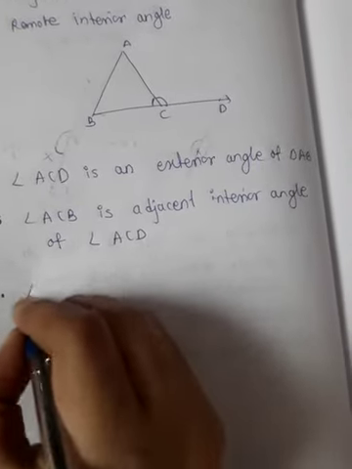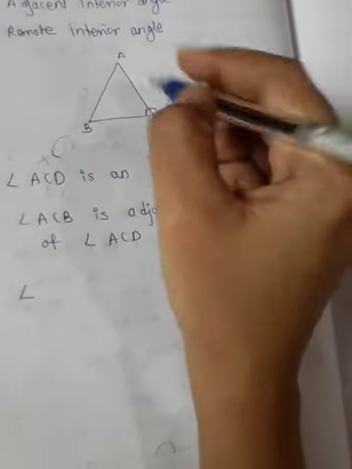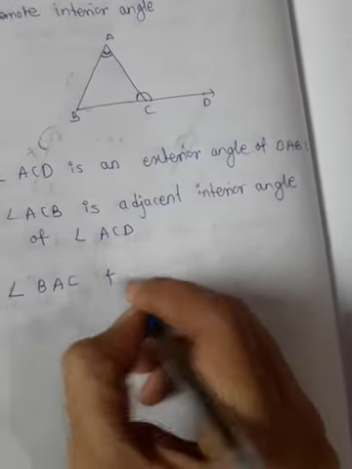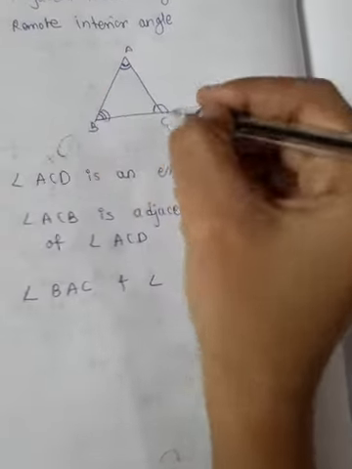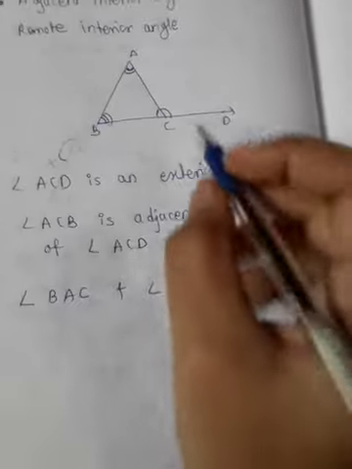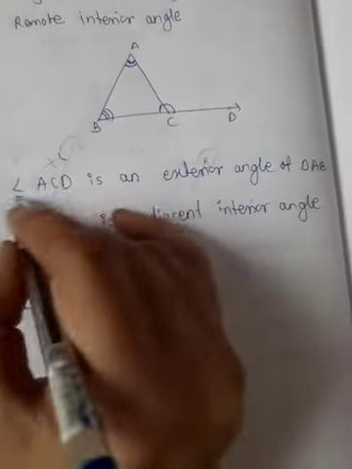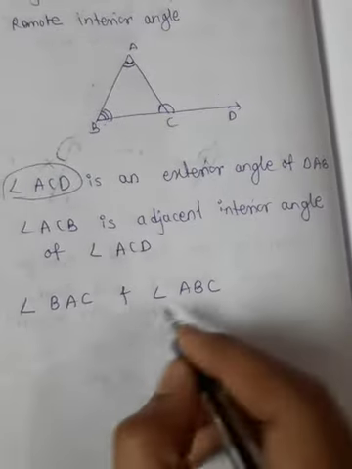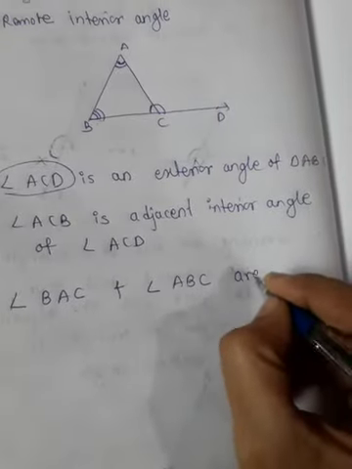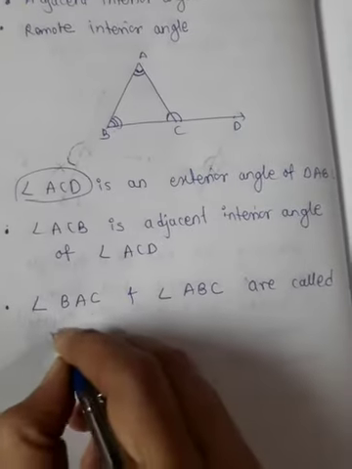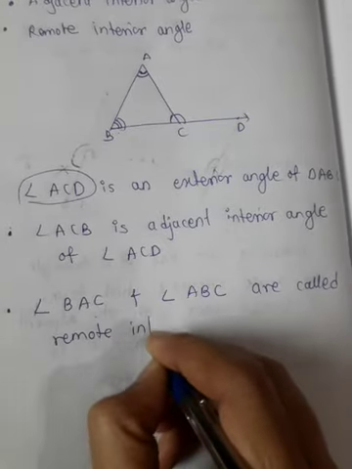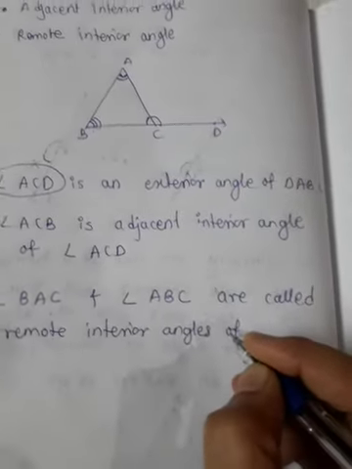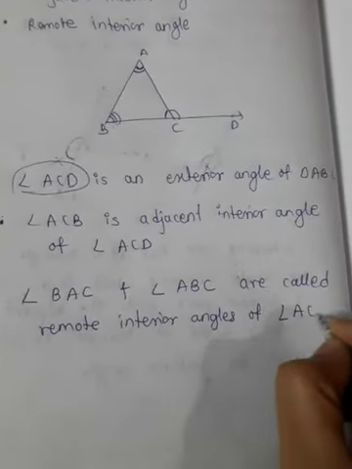The remaining angles, that is angle BAC and angle ABC, are called remote interior angles of angle ACD.